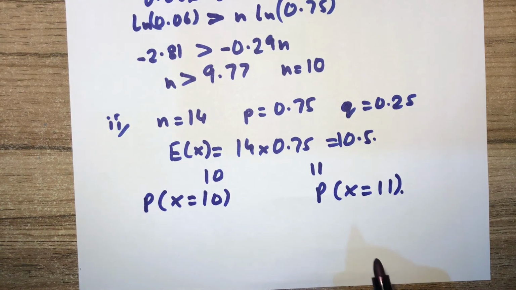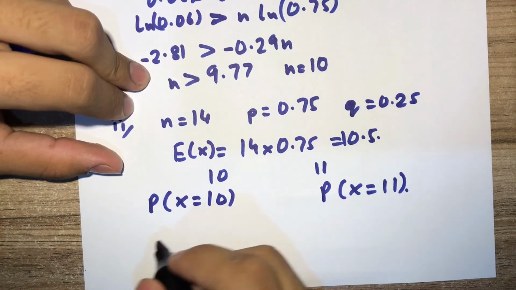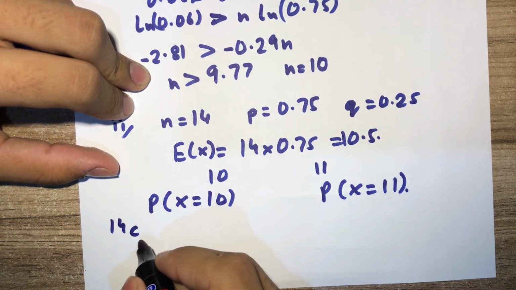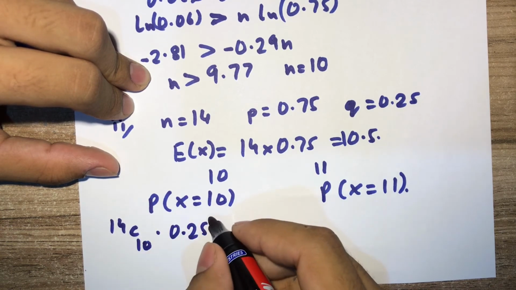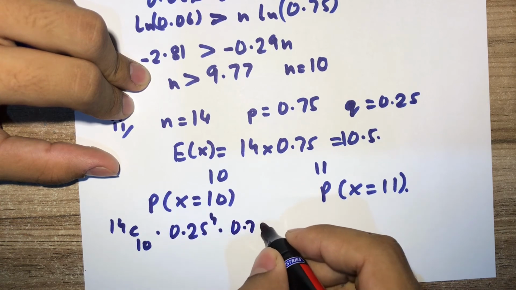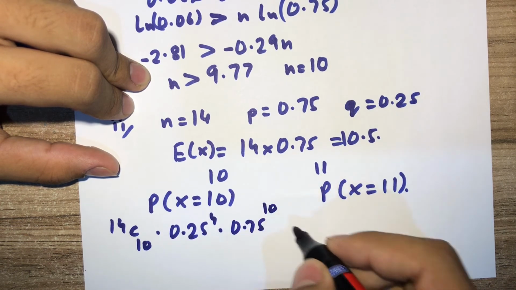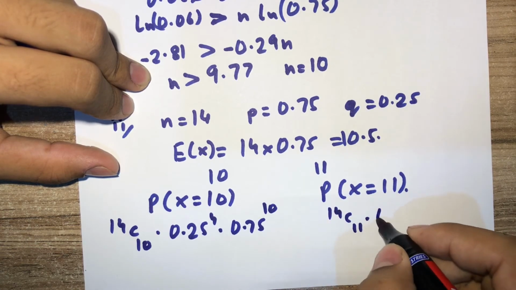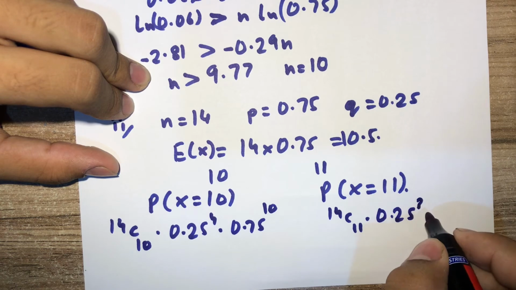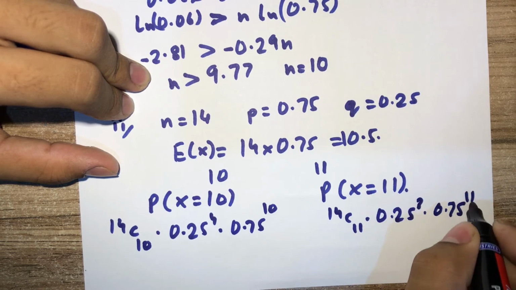Whichever has the greater probability will be the value with the highest probability, right? Or you can even call that the mode, because the mode is the number with the highest probability. So P(x equals 10): 14C10 times 0.25 power 14 minus 10, which is 4, times 0.75 power 10. And for P(x equals 11), 14C11 times 0.25 power 3 times 0.75 power 11.